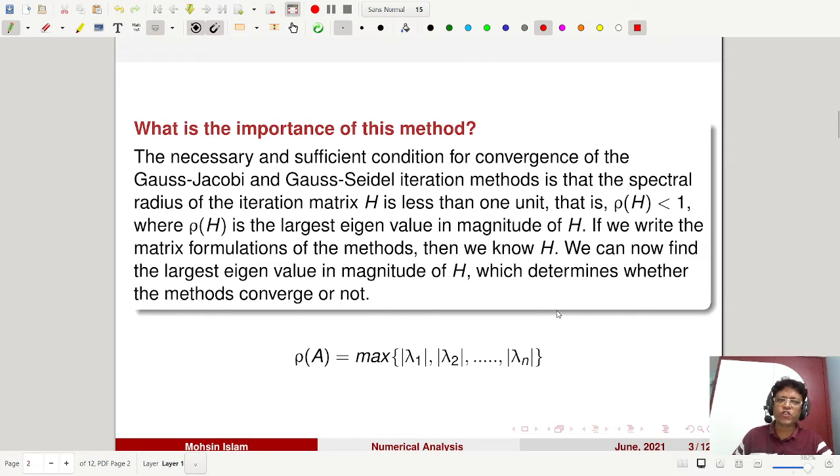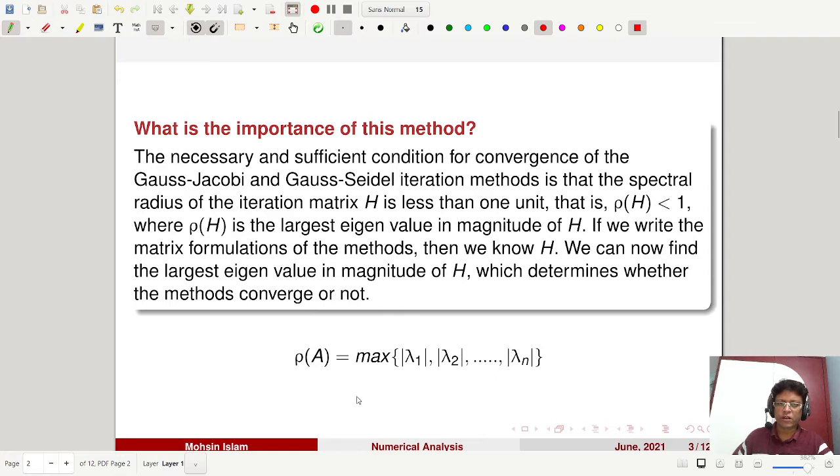The necessary and sufficient condition for convergence of the Gauss-Jacobi and Gauss-Seidel iteration while solving a system of equations is that the spectral radius of the iteration matrix H is less than 1, that is rho of H less than 1, where rho A is the maximum of the modulus of the eigenvalues, the maximum of the magnitude of the eigenvalues.